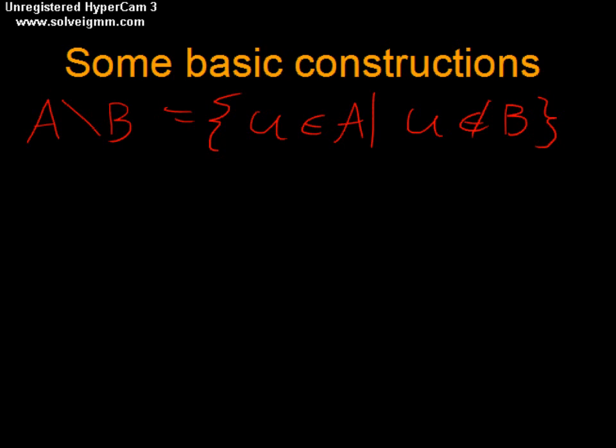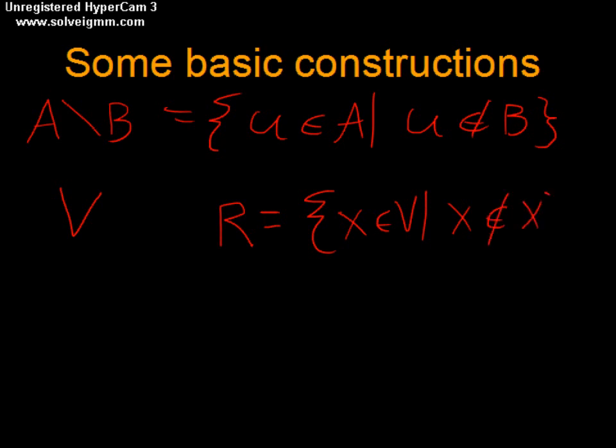Another consequence of the separation axiom is that there is no set which contains all the sets. So if V, for example, is a set which contains all the sets, then we can form, for example, the following set: all X in V so that X is not an element of X. This is of course just the Russell set.